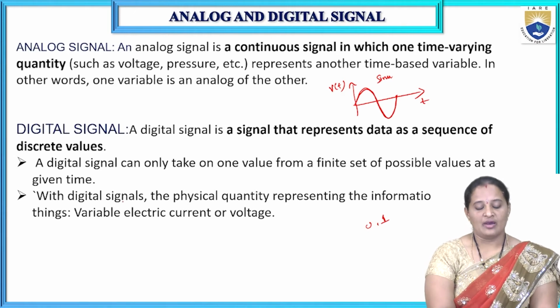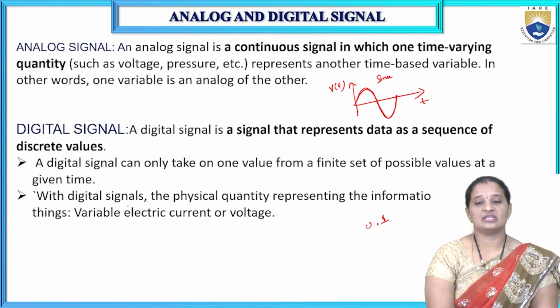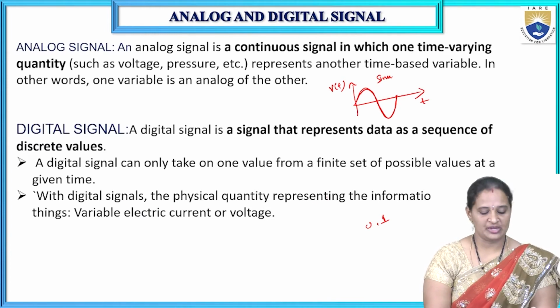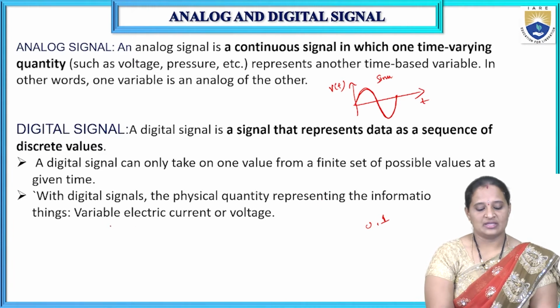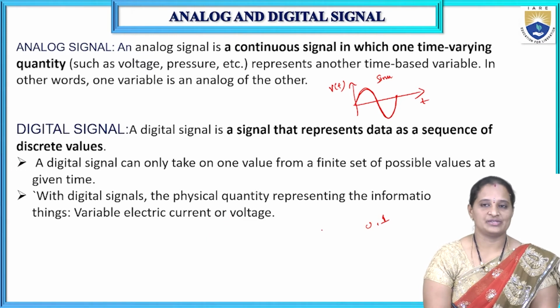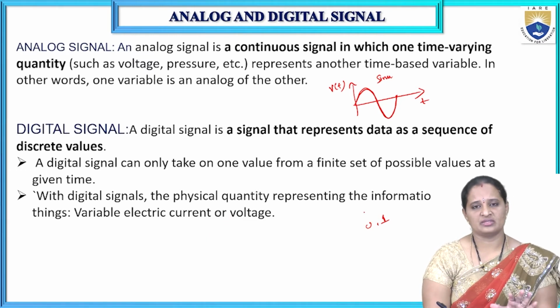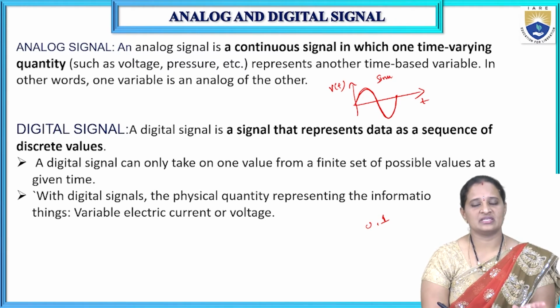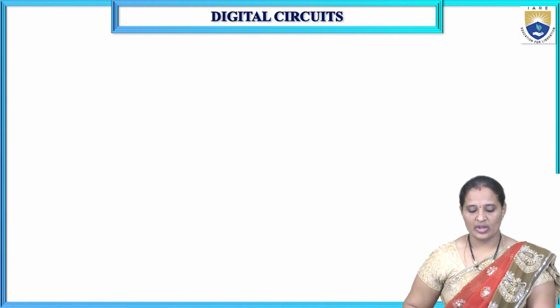With digital signals, the physical quantity representing the information is a variable such as electric circuit current or voltage. Always remember, in a simpler way, a digital signal is a signal which represents data as a sequence of discrete values, and the discrete values are always zeros and ones.